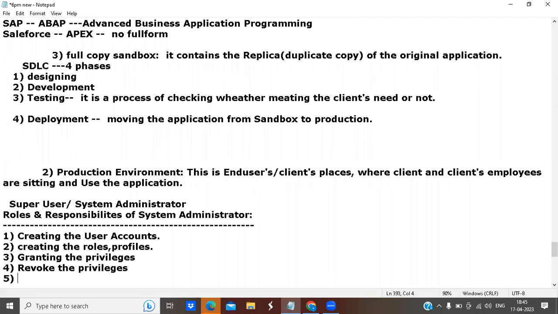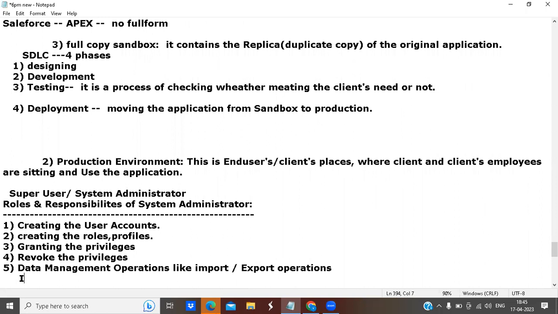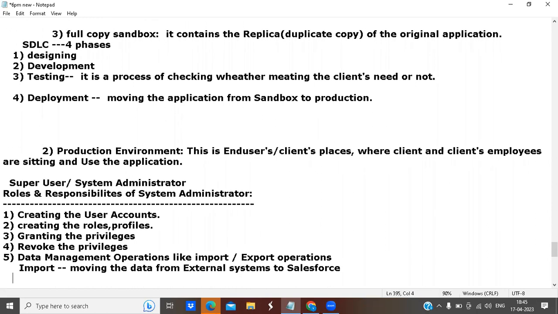He is a person performing data management operations, like import and what? Export operations. Import means moving the data from external systems to Salesforce.